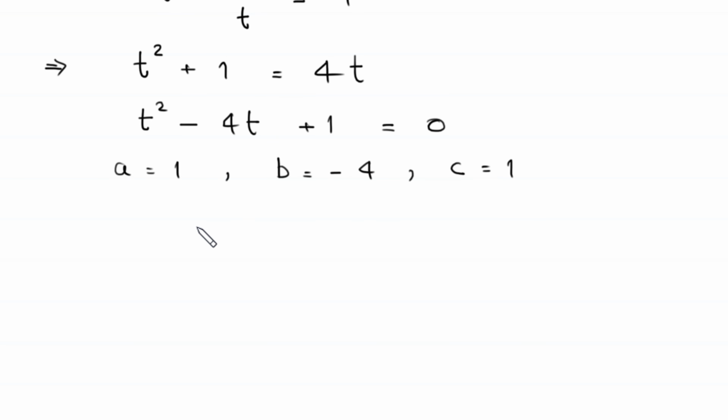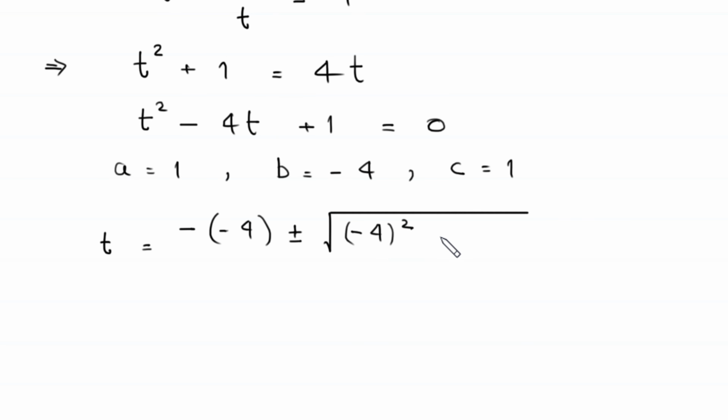So according to the quadratic formula, t will be equal to negative b, b is negative 4, plus or minus square root of b squared, negative 4 squared, minus 4 times a is 1 times c is 1, divided by 2 times a is 1.